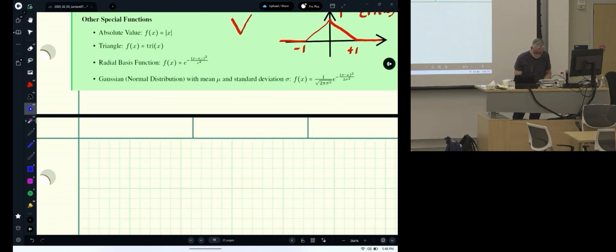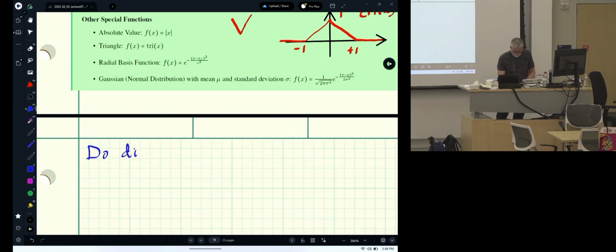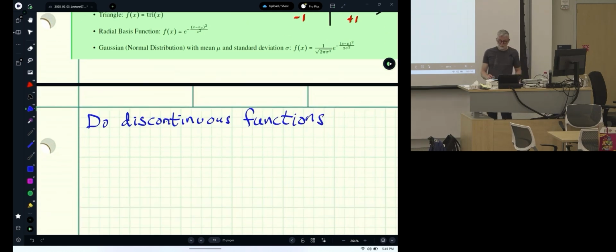Okay, so do discontinuous functions arise in engineering? So everything we've been doing for real, or is it just nonsense because those cases never happen? And I'll put real engineering, okay.